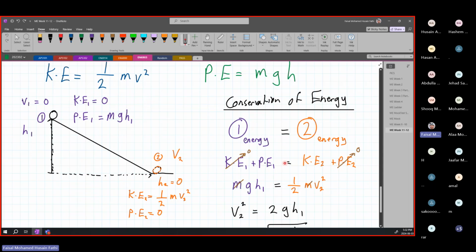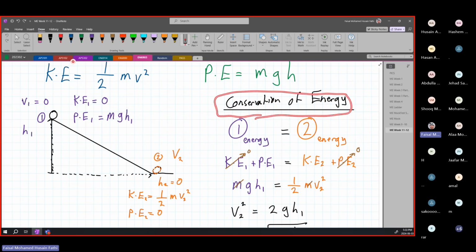If you have a pipe, if water is entering from here, the water must come out from here. Okay? It could be distributed, meaning you could have other two pipes like this. Okay? Something like that. One second. So something like this. The water gets distributed, but everything that is going in has to be equal to everything that is going out. This is what is known as the conservation of energy.